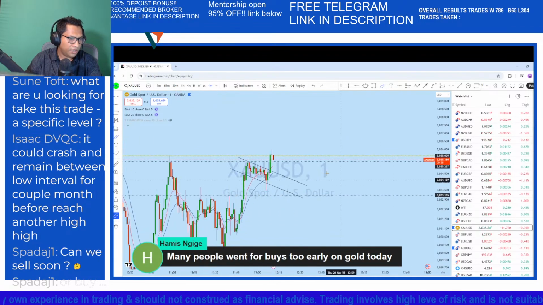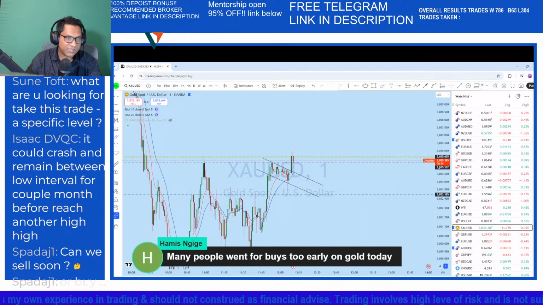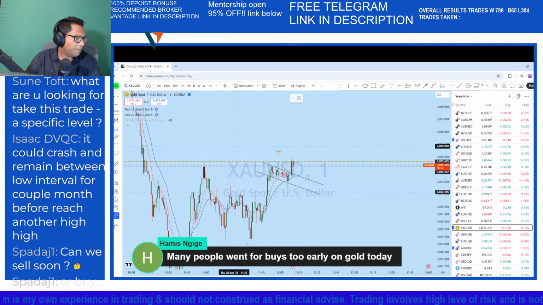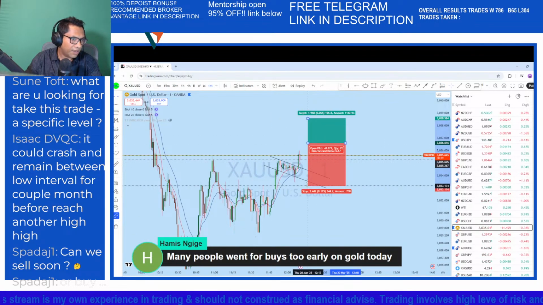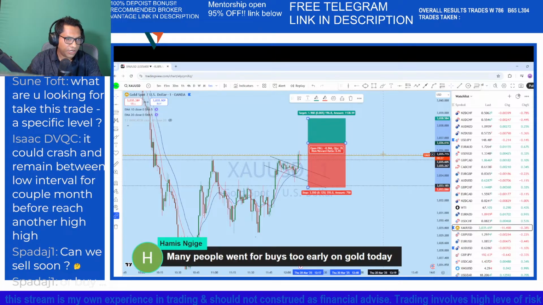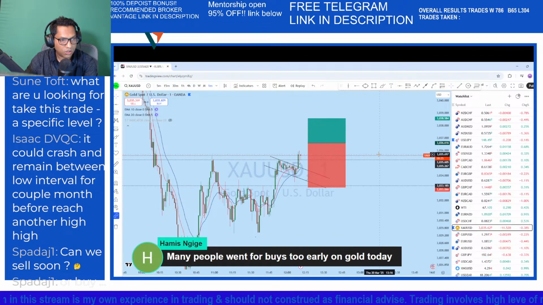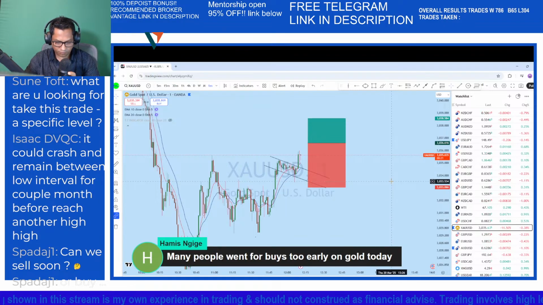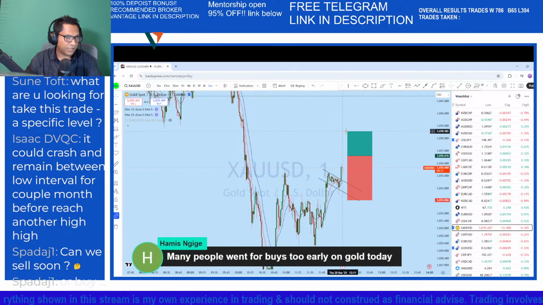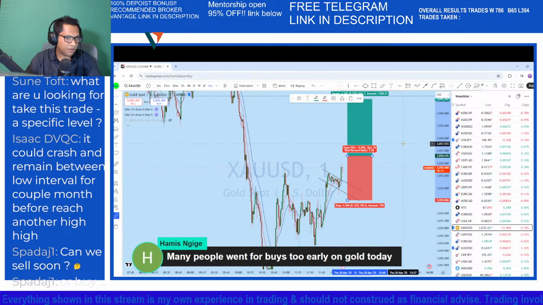So what we will be doing here, guys, is placing a pending order, a buy stop above this high. If the market manages to break above, we will be on the trade for this short-term potential upside bias here. So that's where we are placing that level here.